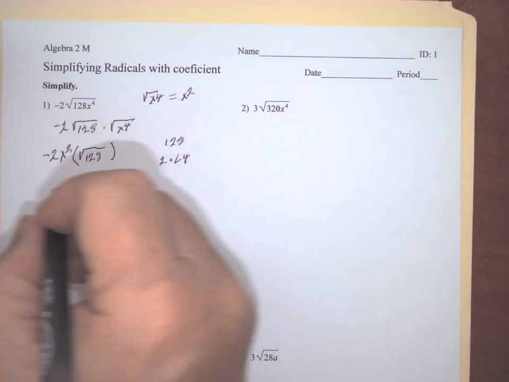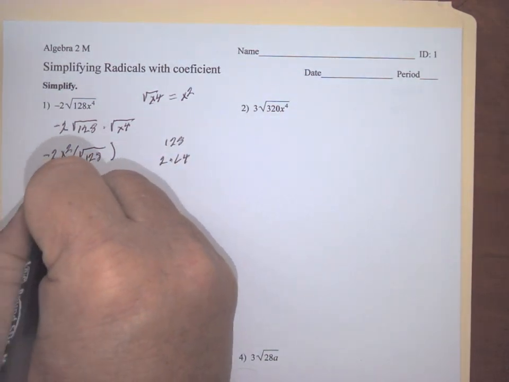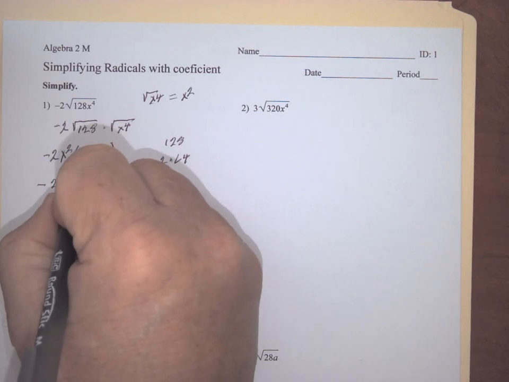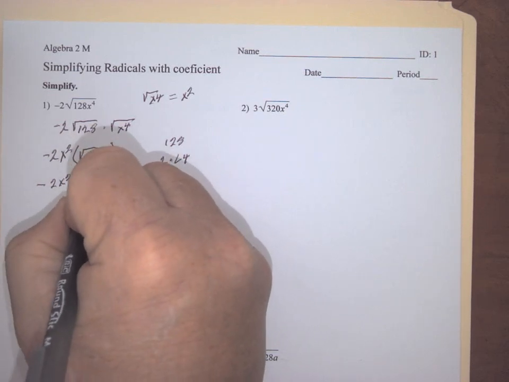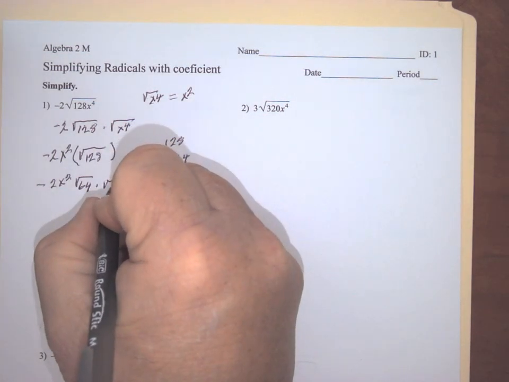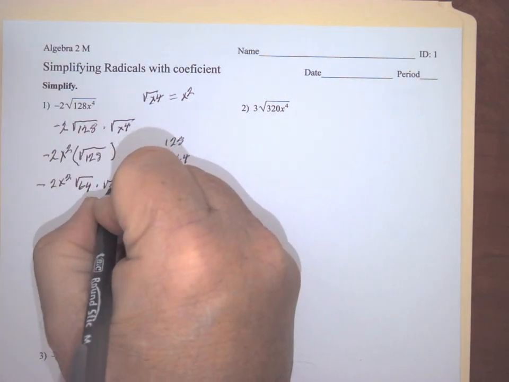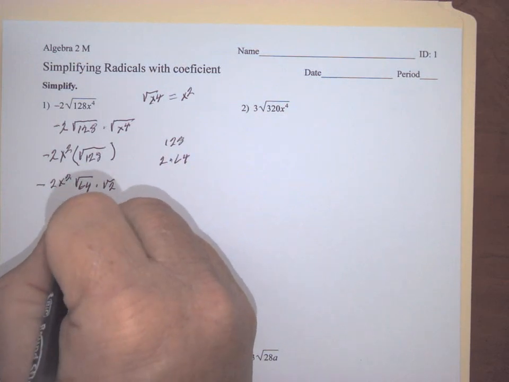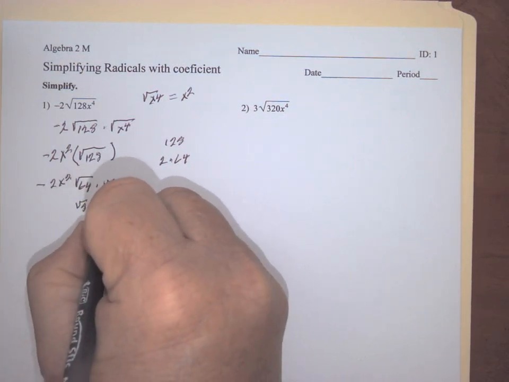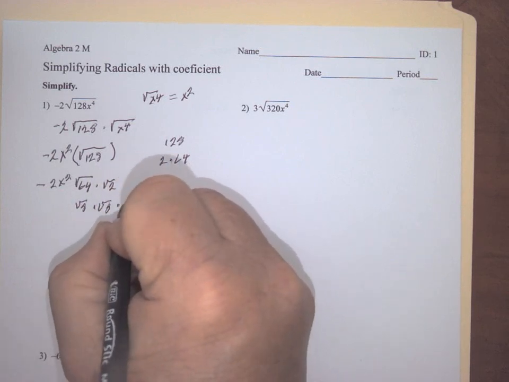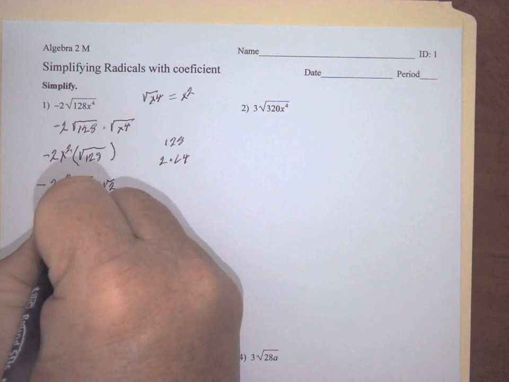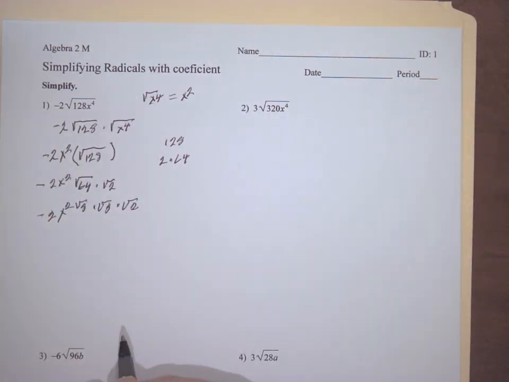So we can rewrite this as negative 2x squared times the square root of 64 times the square root of 2. Okay? Well, my 64 here is actually the square root of 8 times the square root of 8 times the square root of 2, minus 2x squared times all that.